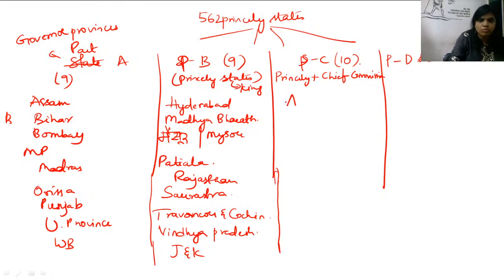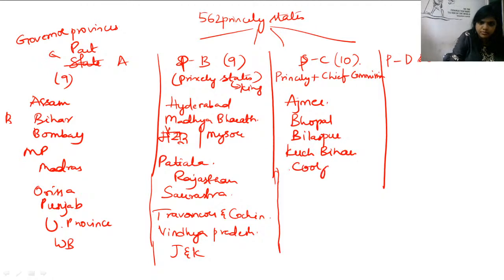Examples. What are those states? Ajmer, Bhopal, Bilaspur, Cooch Behar, Coorg. You have Delhi, Himachal Pradesh, Kutch, Manipur, and the last one is Tripura.